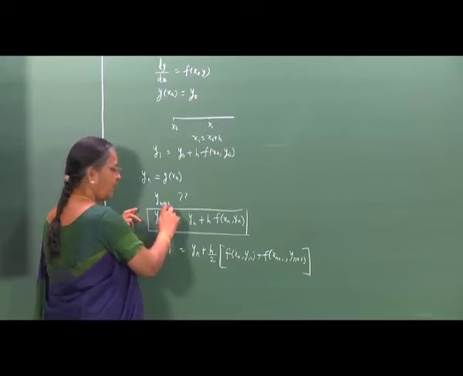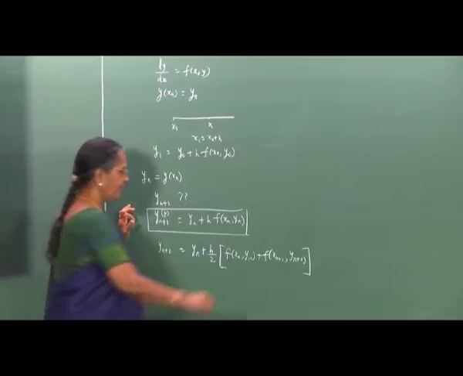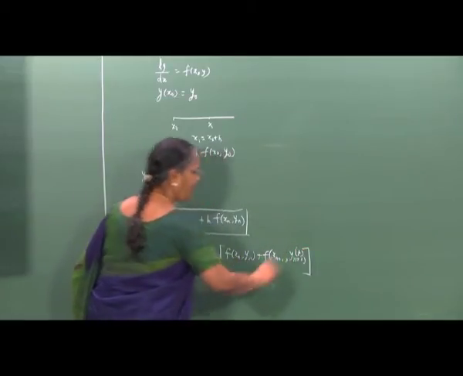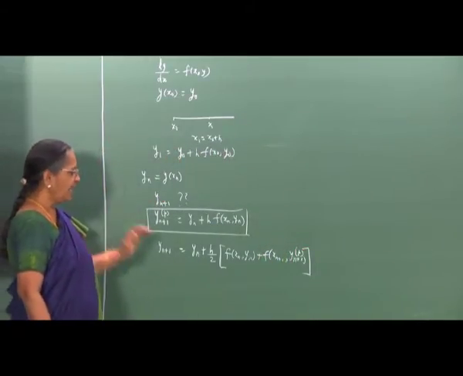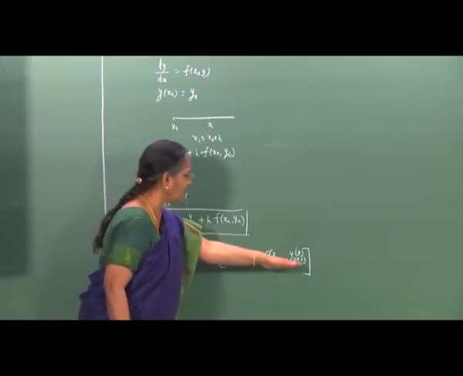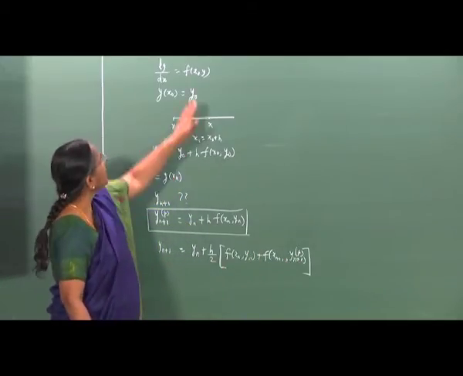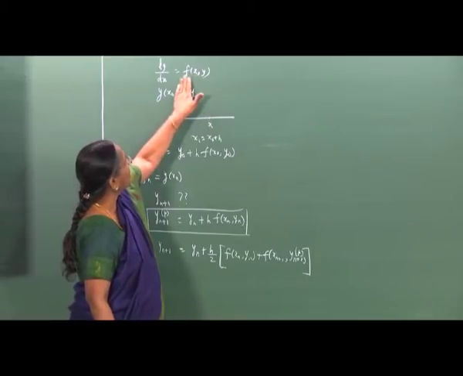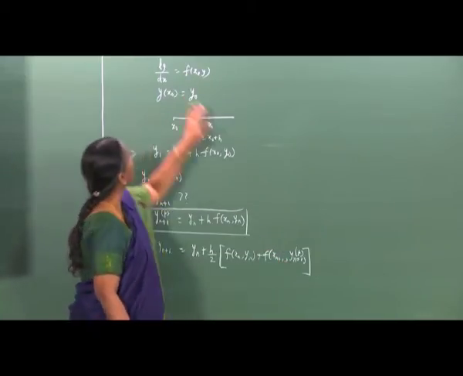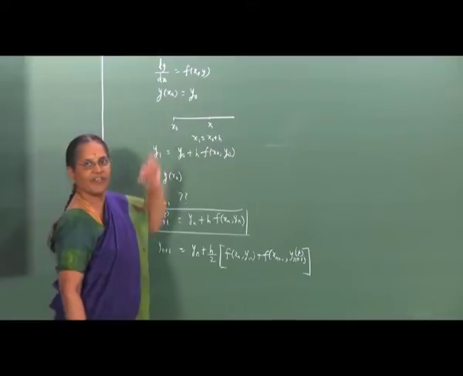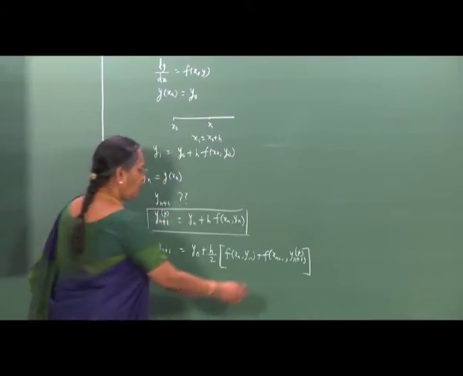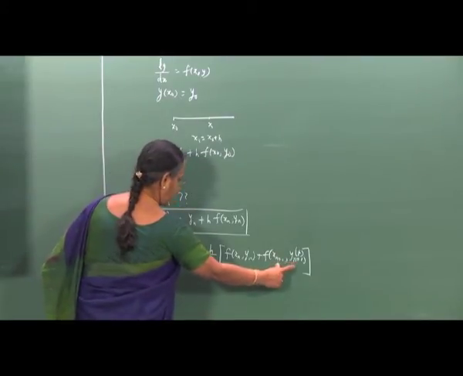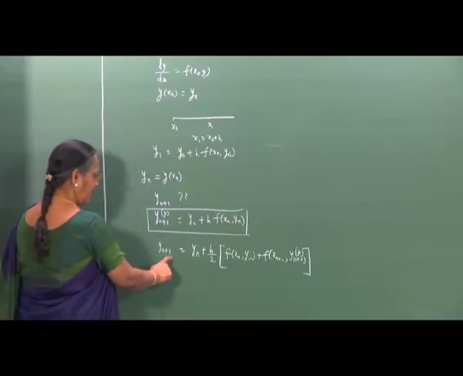So, I call Euler's method a predictor, and I use this predicted value of yn plus 1 and find f of xn plus 1 yn plus 1 predicted, because we know what f of x comma y is. So, once we know what the function here is, I can evaluate yn plus 1.